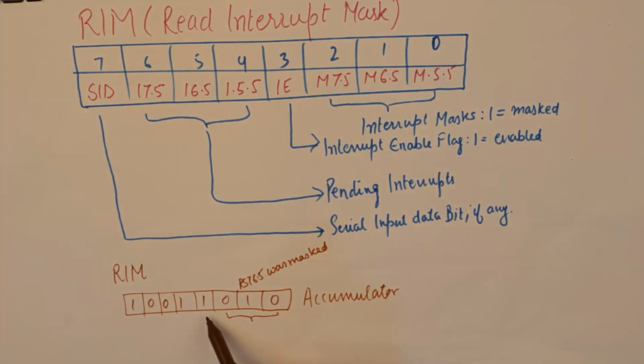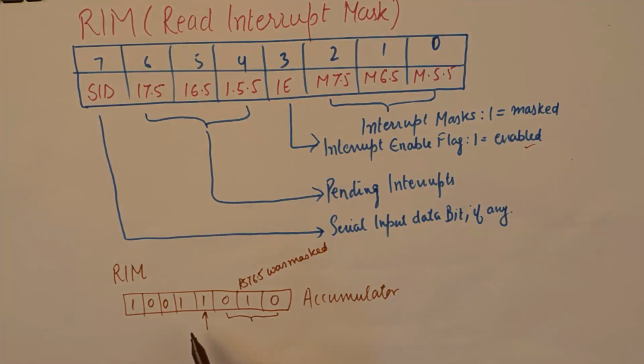Then all the interrupts are enabled because this bit is 1, so none of them are disabled, as mentioned here. Pretty easy to comprehend.